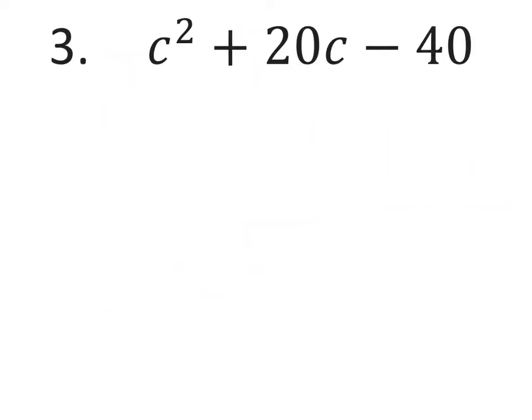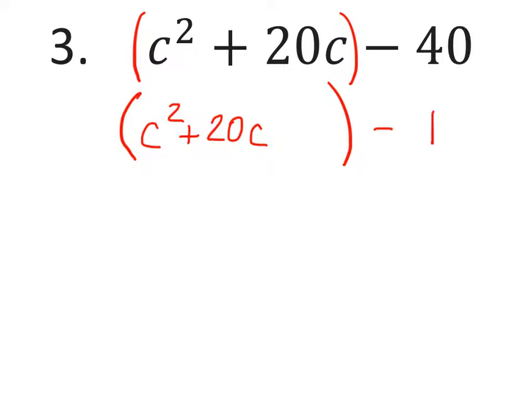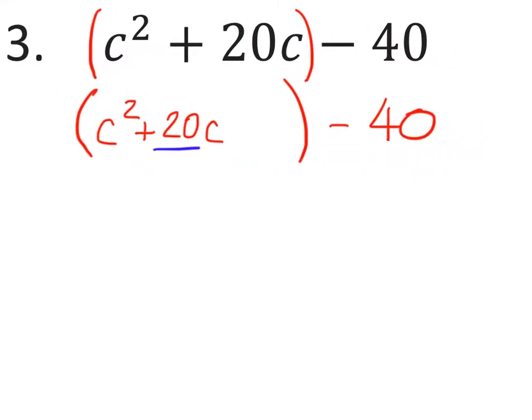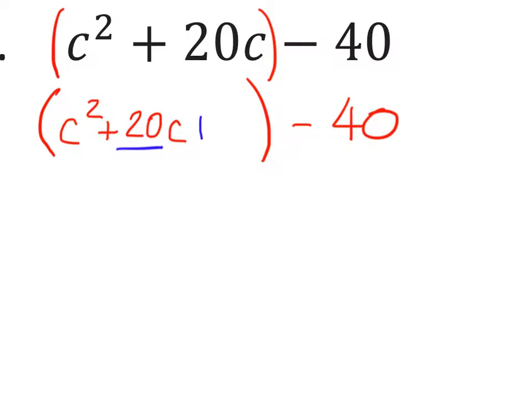To write an equivalent expression with a perfect square binomial in it, you must isolate these two and come up with c squared plus 20c, leave a space, and then minus 40. Half of 20 is 10. Square that to come up with 100.